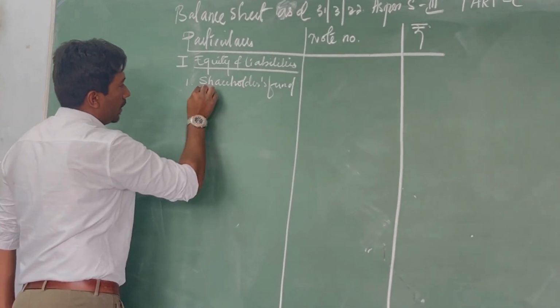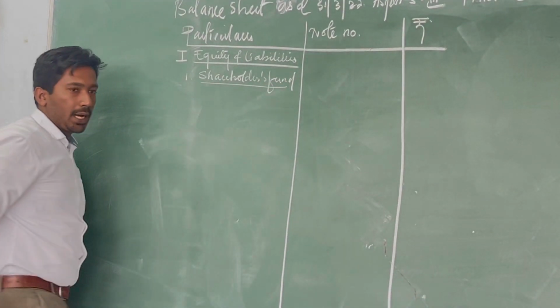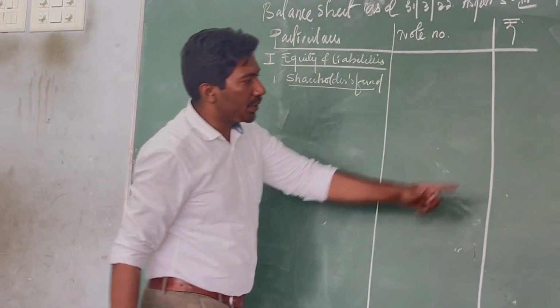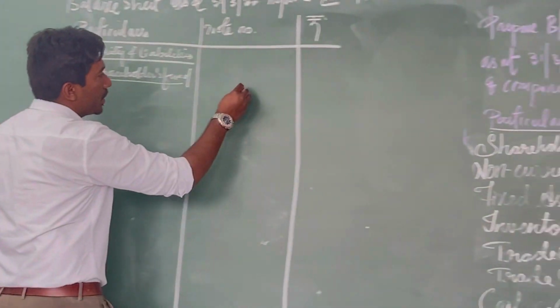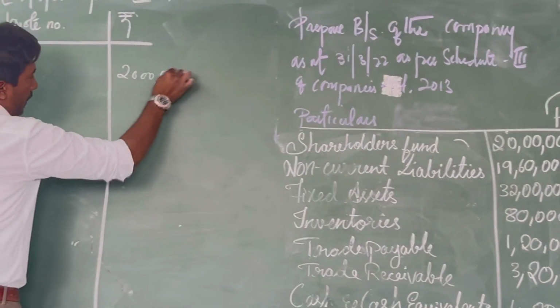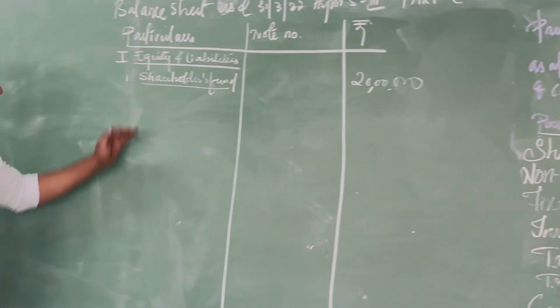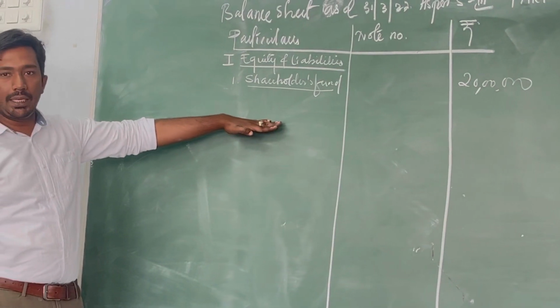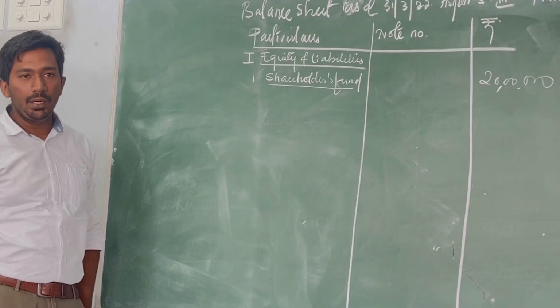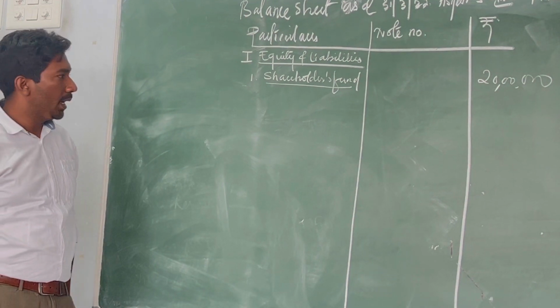This is the first subheading under liabilities. Correct? So what is the information? They have directly given shareholders fund as 20 lakhs. No sub items. Directly they have given shareholders fund, so directly we will write the amount.